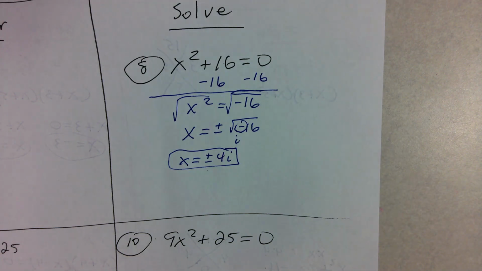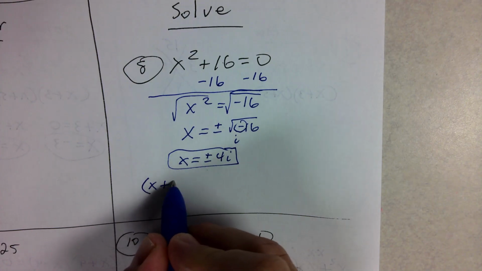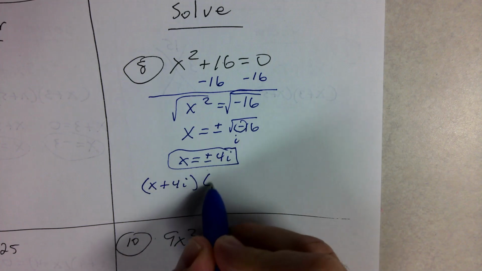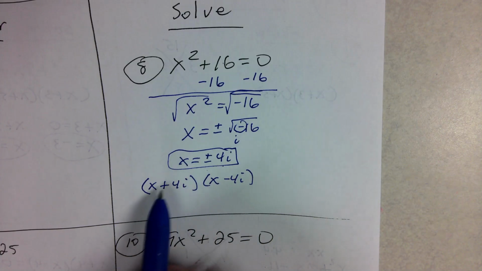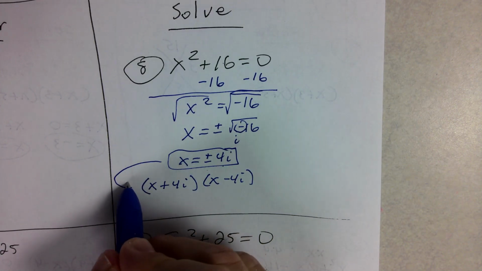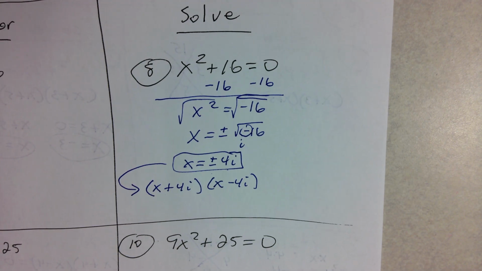Okay, make sure you're focusing on this. If I wanted to really write it out, this is x plus 4i times x minus 4i. Those are the parentheses that would have produced our answers if I would have factored.